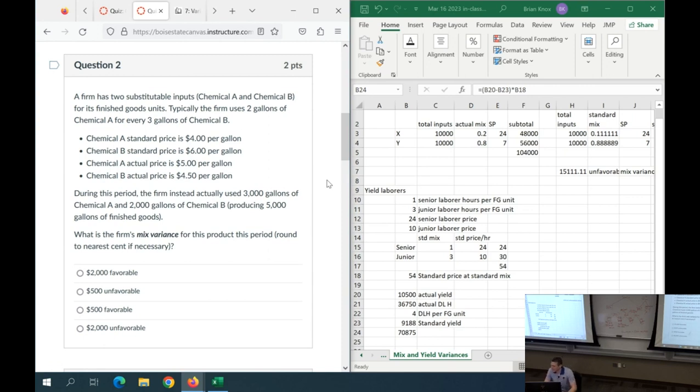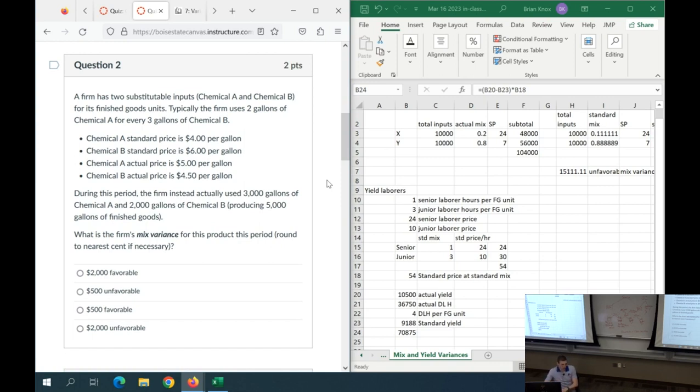All right. So here's a multiple choice mixed variance. This look okay? We'll get some good reps with this one. So we have two chemicals, and this is a very good example. The chemical is measured in volume, so there's only so much liquid that can go together, and how much it costs depends on whether it's a gallon of our really expensive input or a gallon of our really cheap stuff.